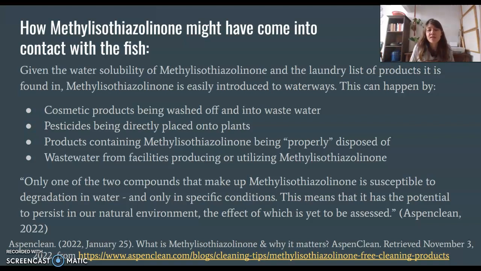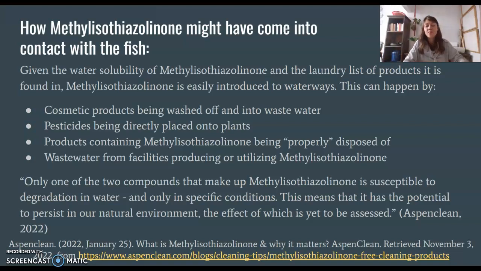The wastewater from facilities that are using MIT, maybe they have some regulations that are involved with those permits from 1998. But the thing about it is that we all know that there are times when companies have chemical spills or leaks, and also companies that are not following regulations as they're supposed to, especially regulations that are outdated.